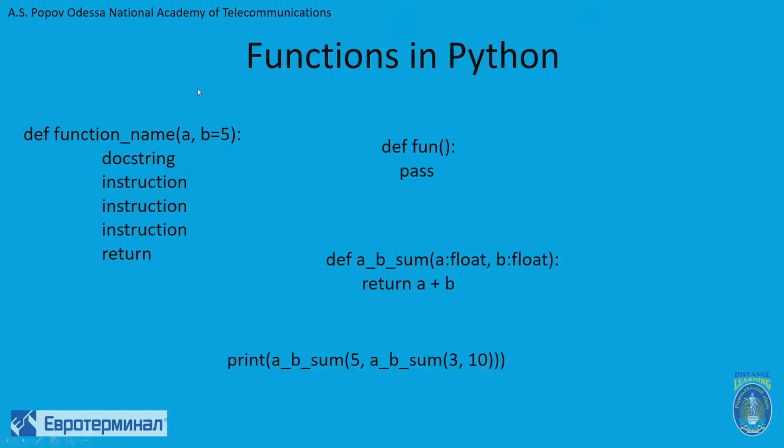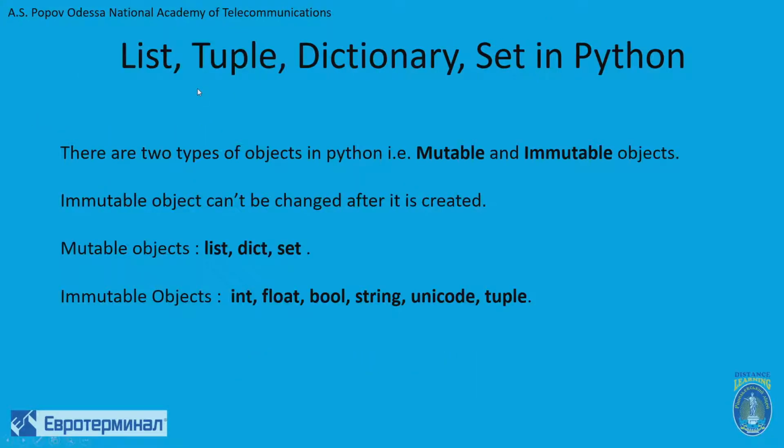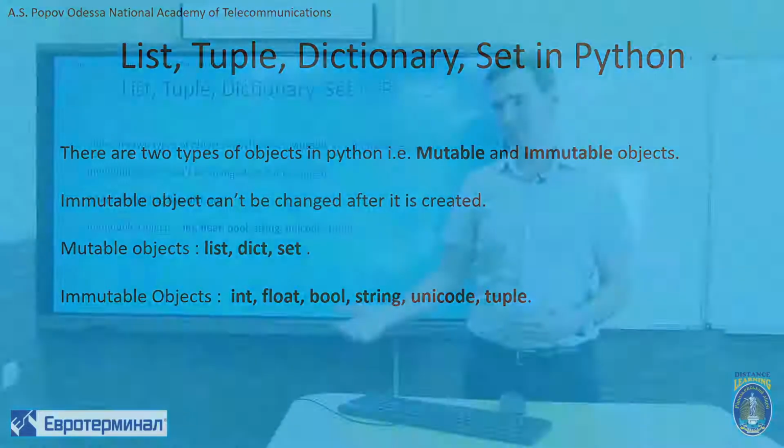Now let's move on with our course, and let's take a look at more complex objects we use to store data. Precisely, we're going to take a look at list, tuple, dictionary, and set. Basically, objects in Python can be divided into mutable and immutable.